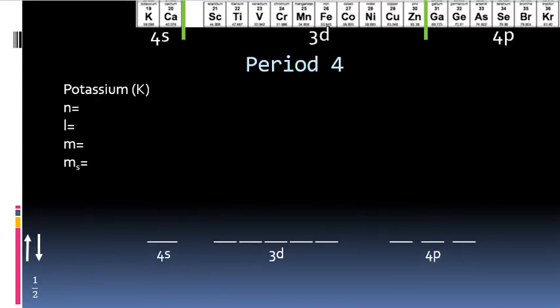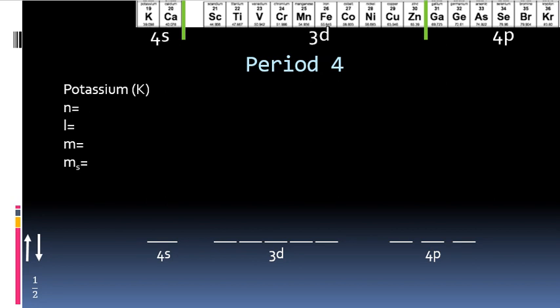Now, period 4 is where we start to see a new block of elements, namely the transition metals or the d block elements. And just taking into account the valence electrons, we can look at it this way.